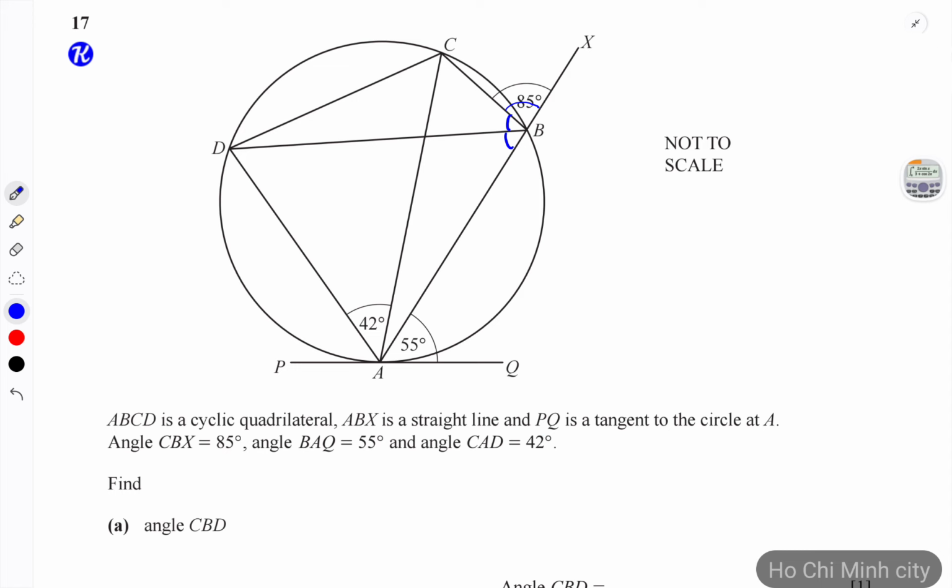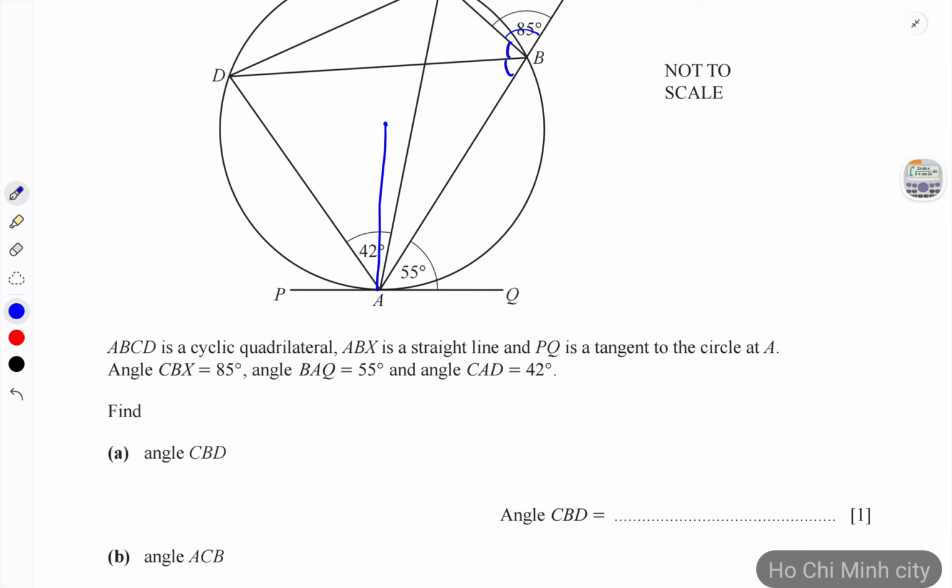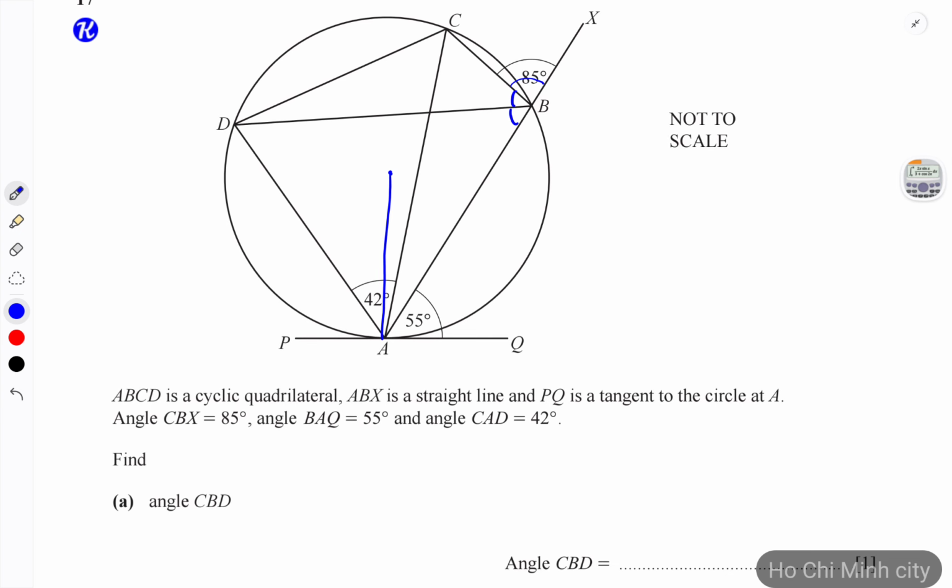And PQ is a tangent to the circle at A, so it is perpendicular to the radius. Angle CBX is 85 degrees, BAQ is 55, CAD is 42. So now we have to find the angle CBD. CBD is this one.